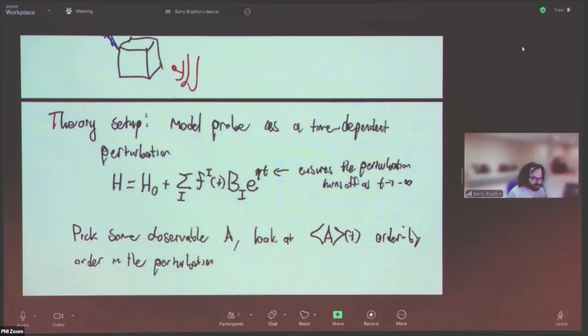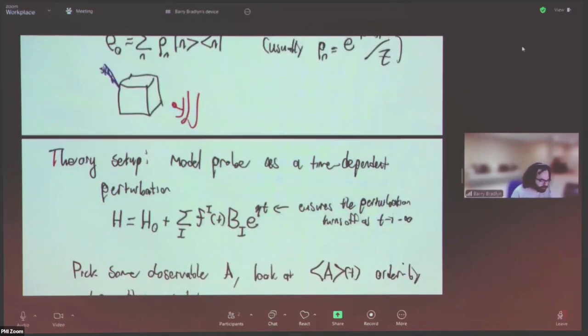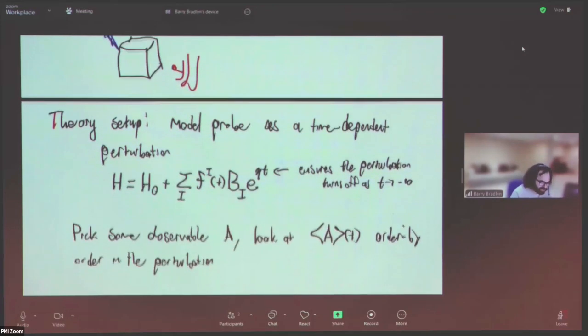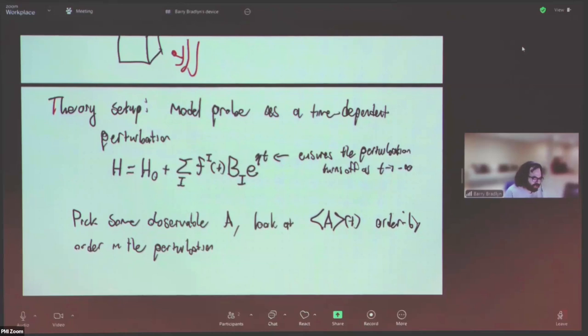So we're going to take this observable. We know that it has some equilibrium average of A naught. And we're going to see in perturbation theory at each order in the perturbation how our probe of the system changes this average. And that's a very abstract view of what we're going to see at this detector.